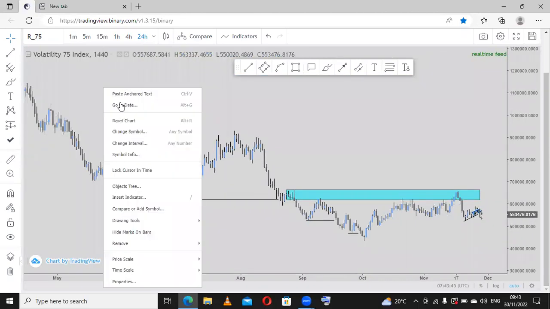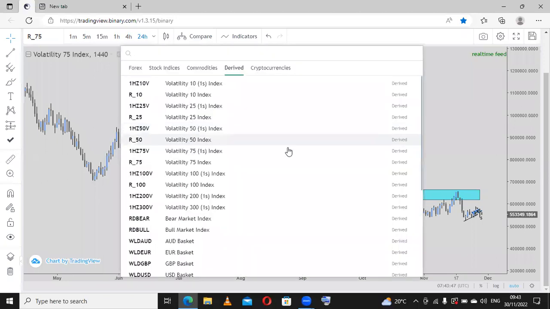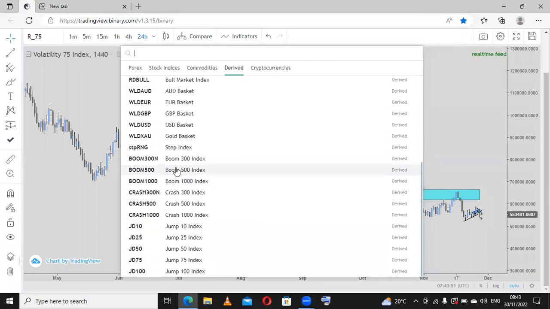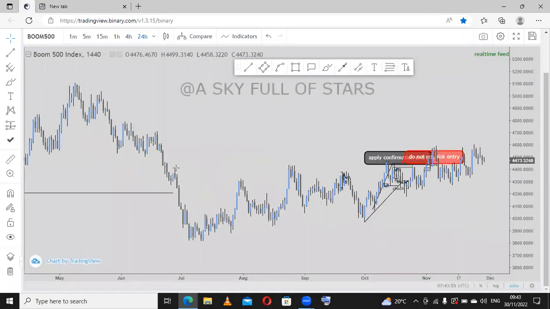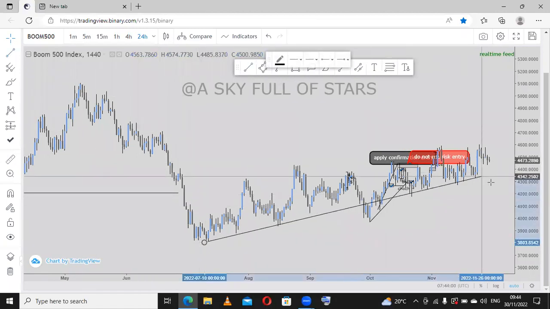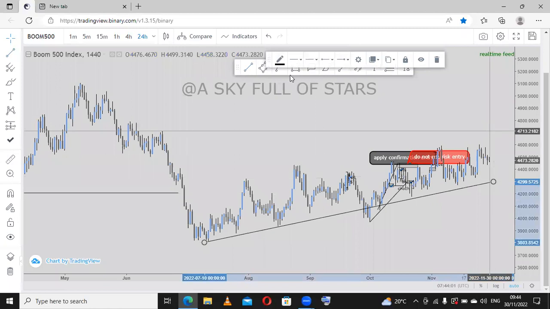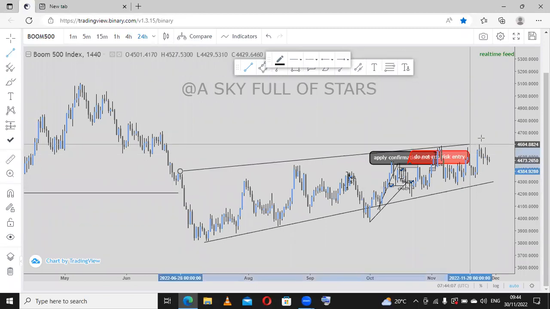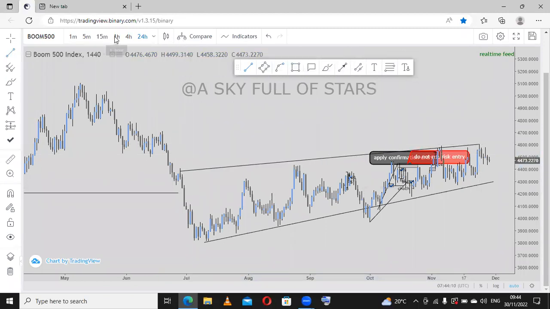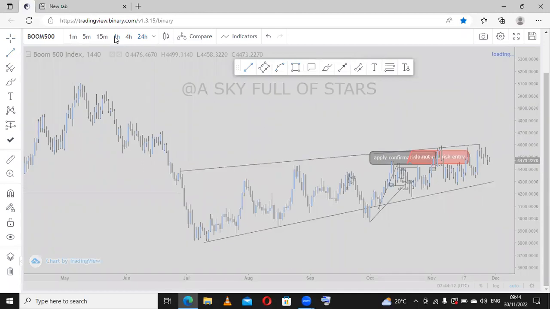Okay, so let me refresh. Boom 500, Boom 500. Right. So I was saying we kind of have this flag going on, which means price is bullish right now. So let's go to H1 and see what's going on.